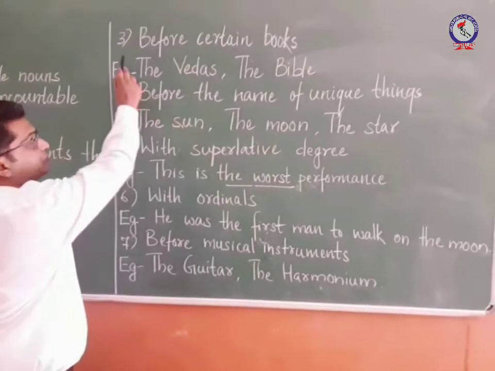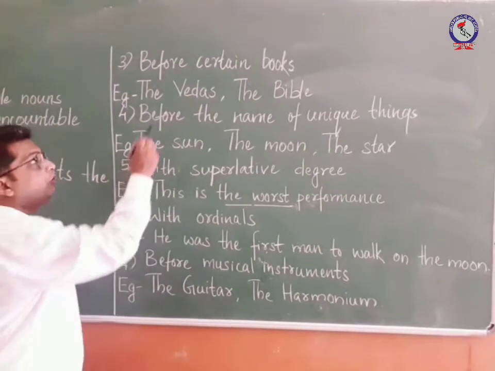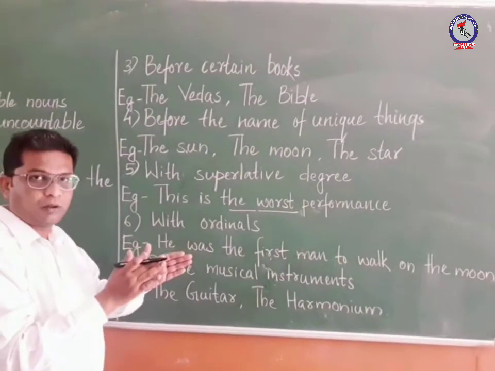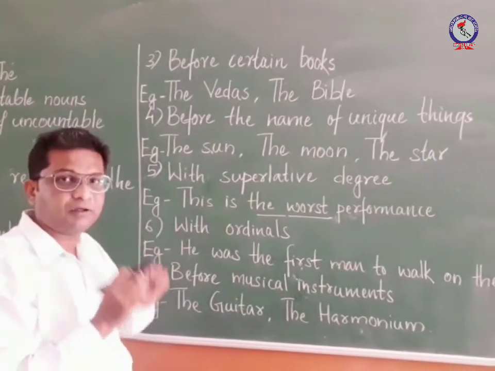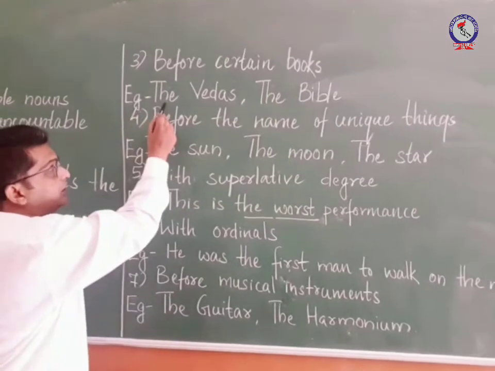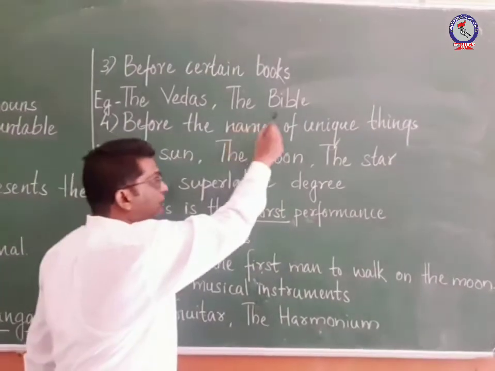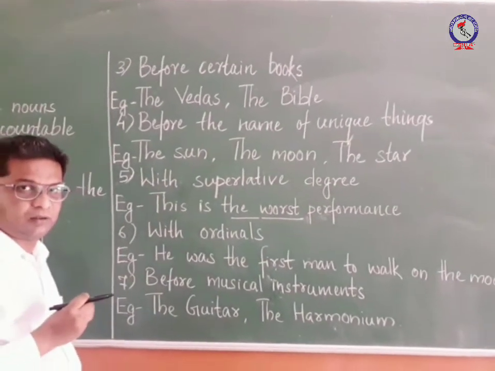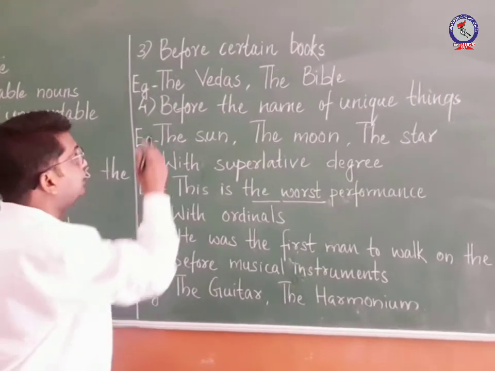Now condition number 3, the will be used before certain books. We put the before the title of those books. The examples we can see here, the Vedas, the Bible. So before the title of certain books we will place the.